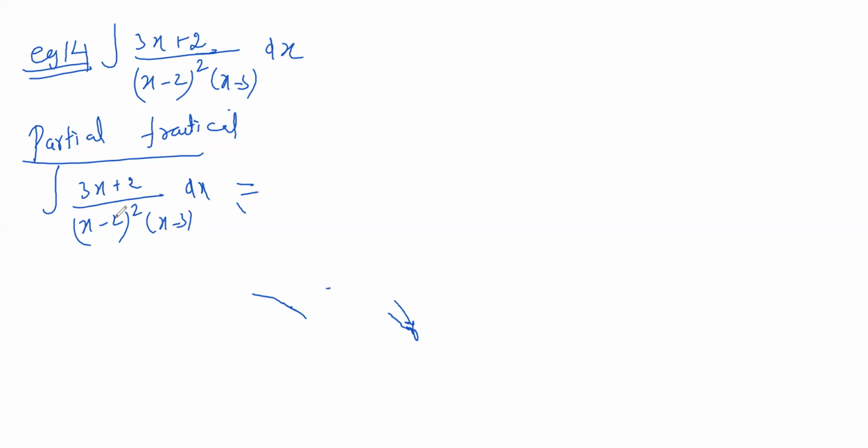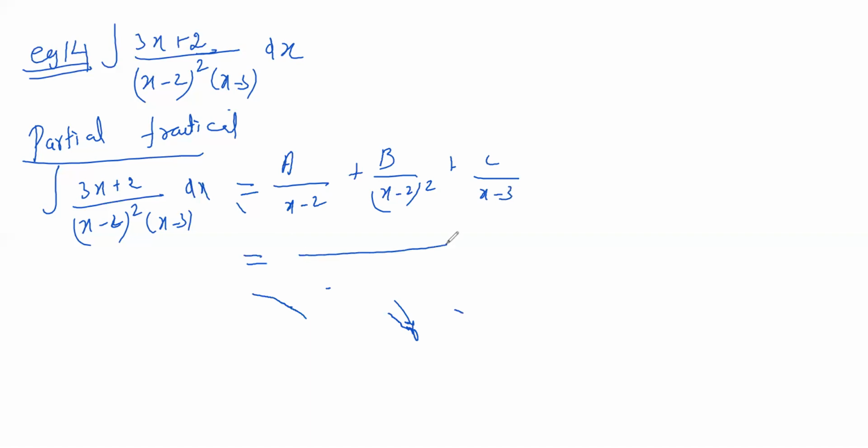Here, since x minus 2 the whole square, first we will write a by x minus 2 plus b by x minus 2 the whole square plus c by x minus 3, right? That is, we'll take the LCM. So x minus 2 the whole square into x minus 3.